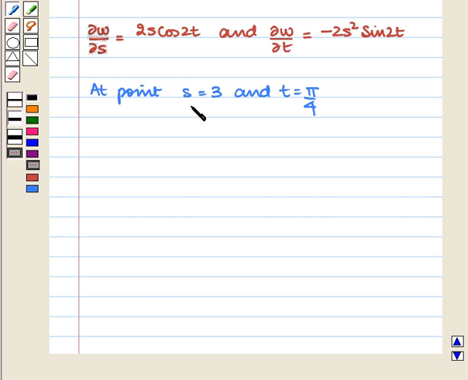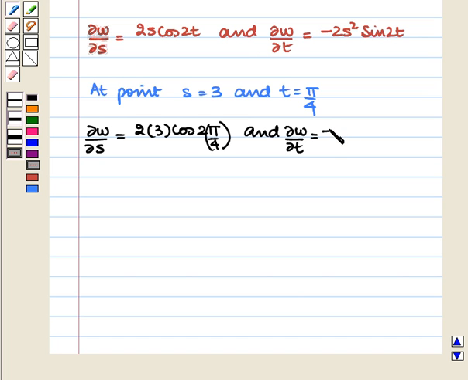So on putting s equal to 3 and t equal to pi by 4 in these equations, we get del w by del s is equal to 2 into 3 into cos of 2 into pi by 4, and del w by del t is equal to minus 2 into 3 square into sine of 2 into pi by 4.